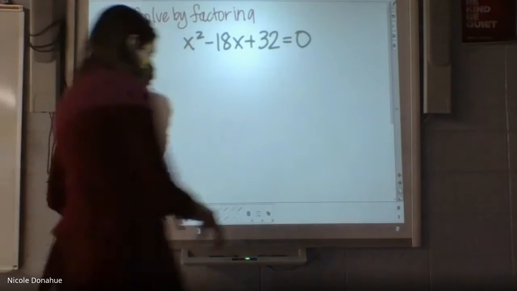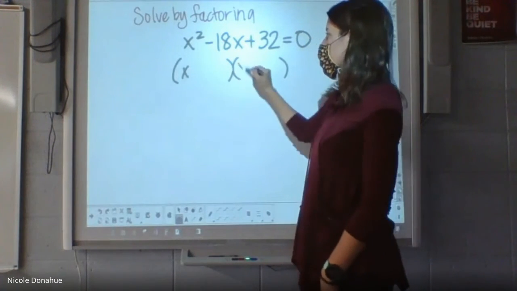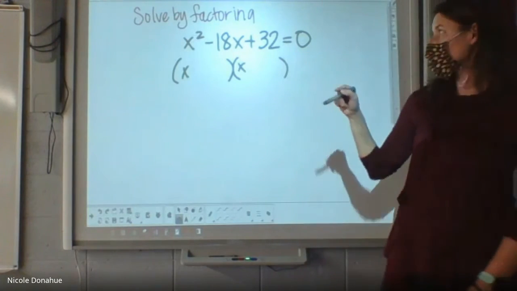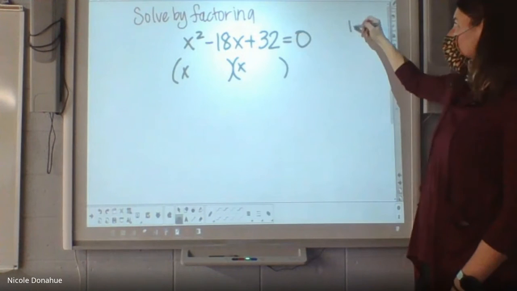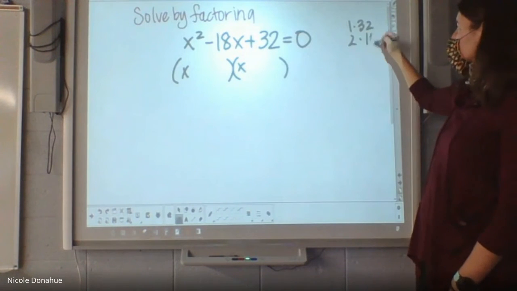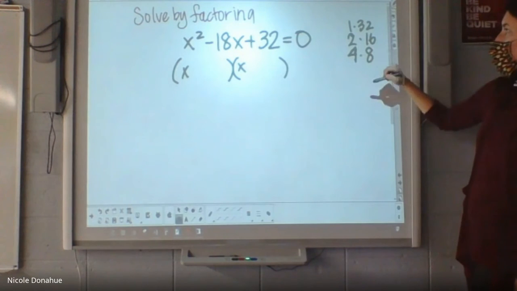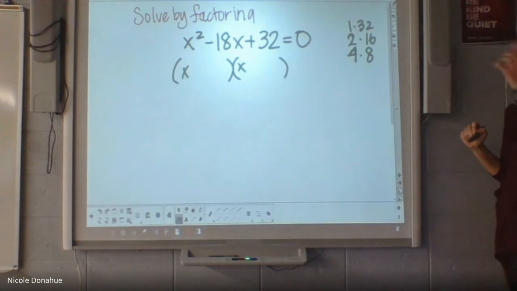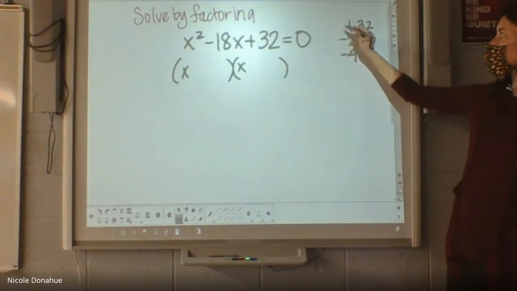Okay, so guys, this kind has to start with x times x again, because there's nothing in front of that x squared. I want to multiply to get 32, but add to get -18. So it helps to list it. In order to get that middle number to be negative, they both have to be negative.